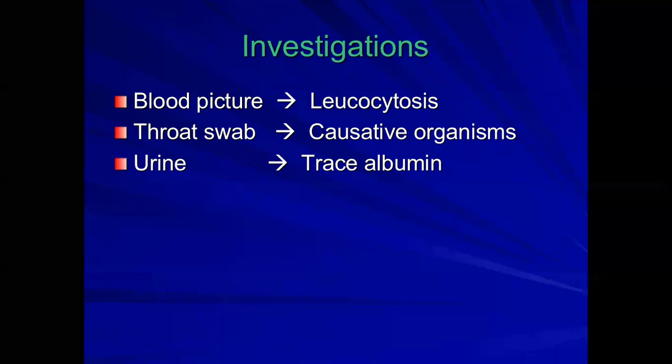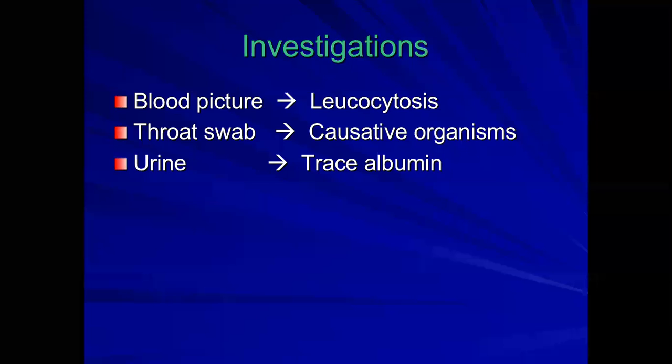So we go to the throat swab. This is a very, very important investigation. When a patient comes with acute tonsillitis, we take the throat swab and send it for culture and sensitivity. When the report comes, it shows the bacteria, that is your culture sensitivity.